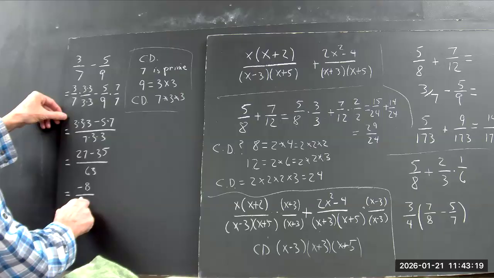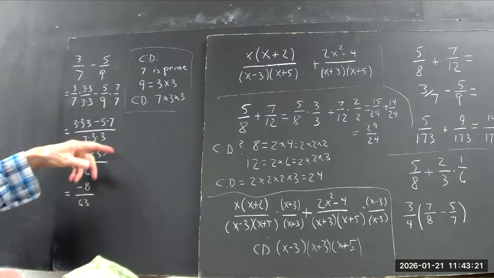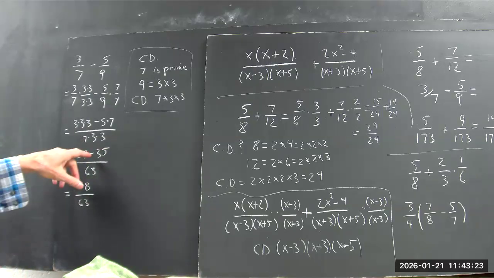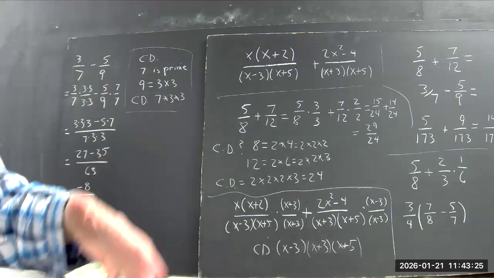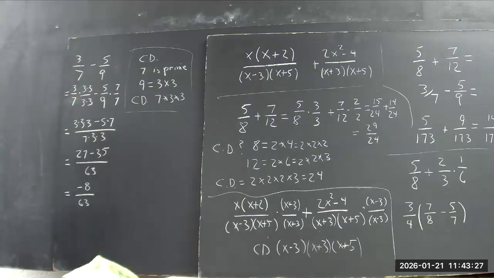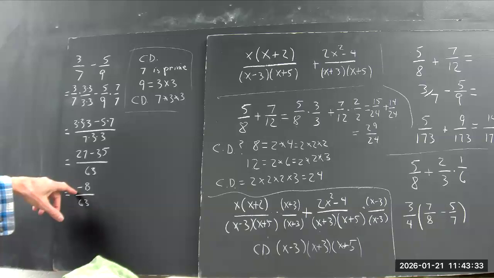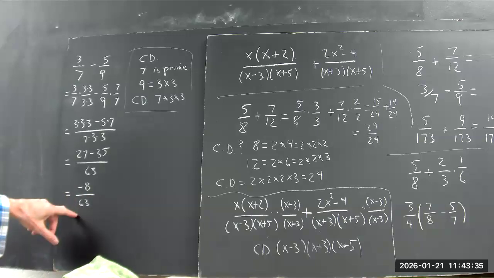Add up everything in the numerator. And of course, if I've got a minus sign, it's like adding a negative. So when I say I add up the numerator, I'm adding 27 and negative 35 to get negative 8. And then that doesn't reduce.